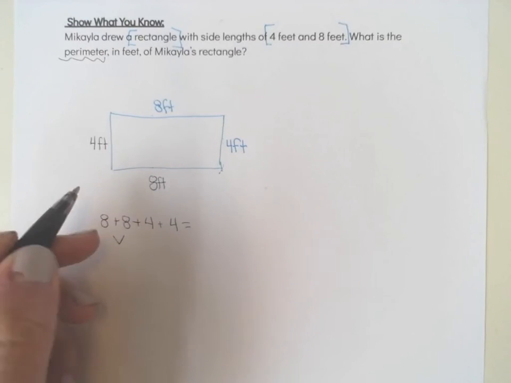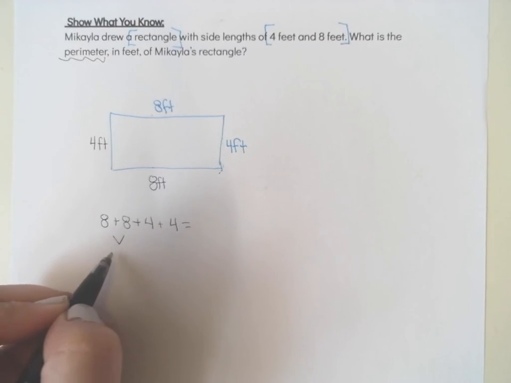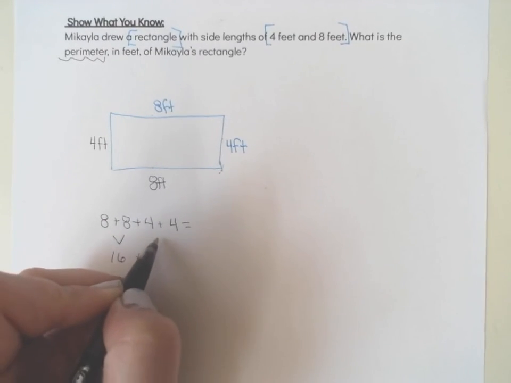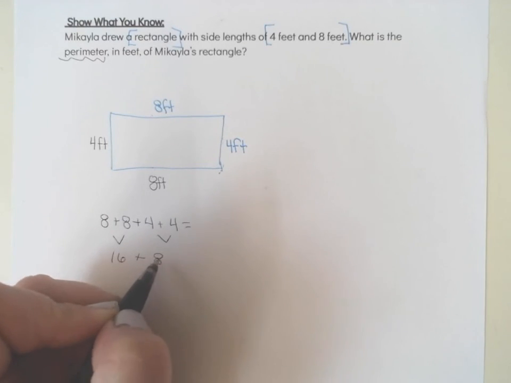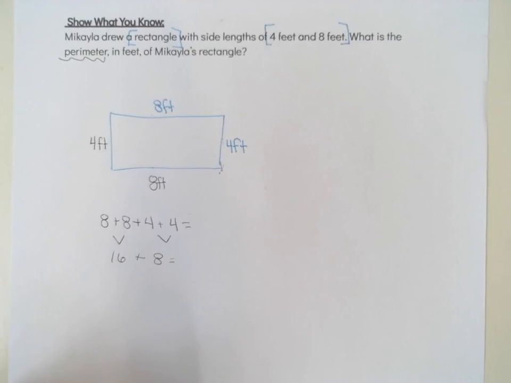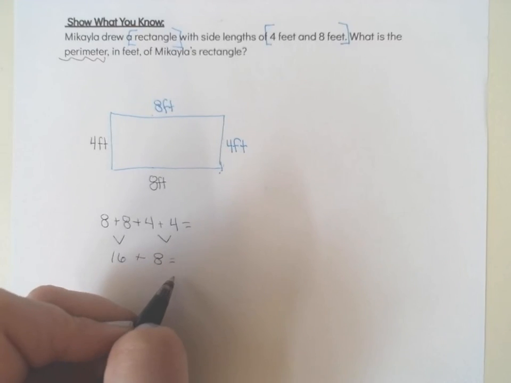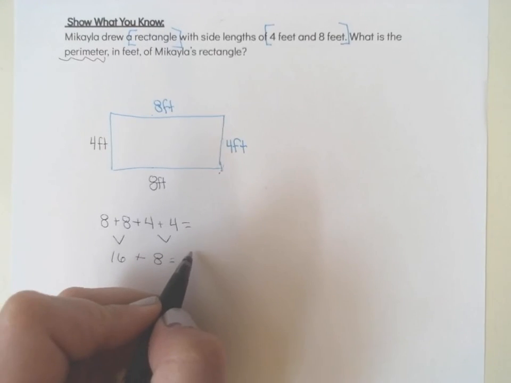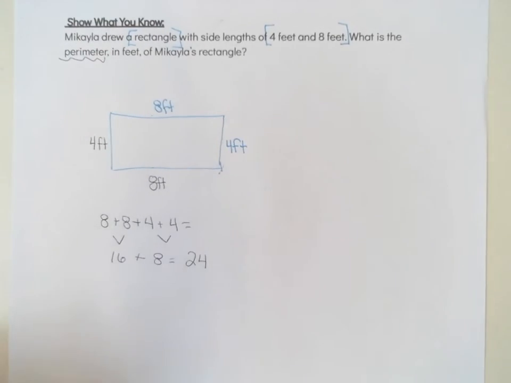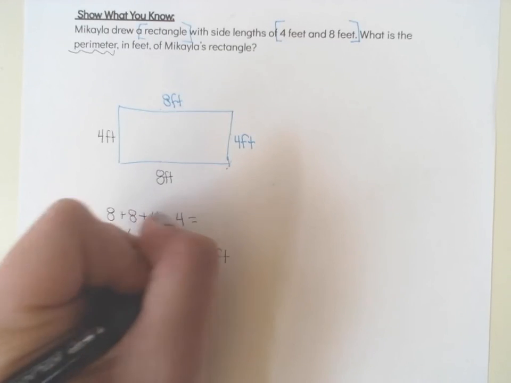To make this easier, I know that 8 plus 8 is 16. And I know that 4 plus 4 is 8. If I were to add 16 plus 8 together, I would also get 24. But 24 what? What is our measurement? Right, it's feet. So it would be 24 feet.